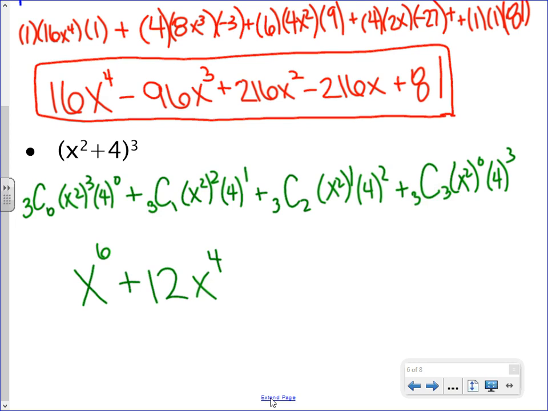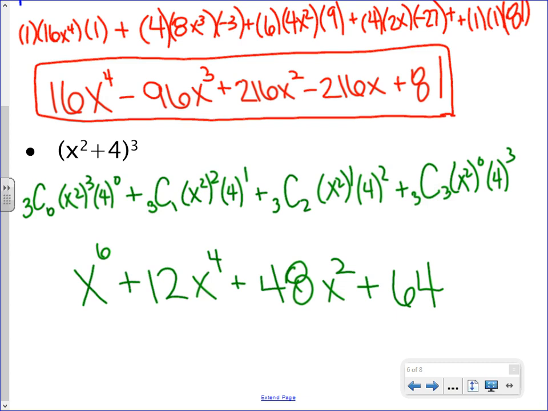Okay. 3 combinations of 2 is 3 times 4 squared, which is 16. 16 times 3 is, we have 48x squared, and then plus 64.